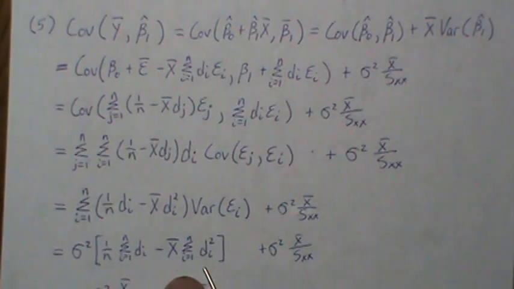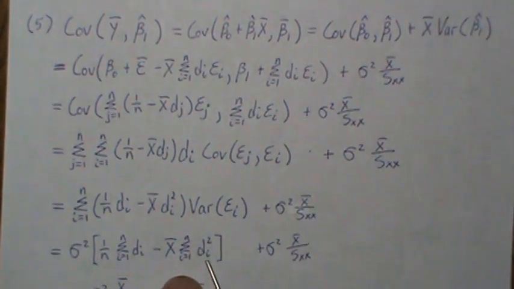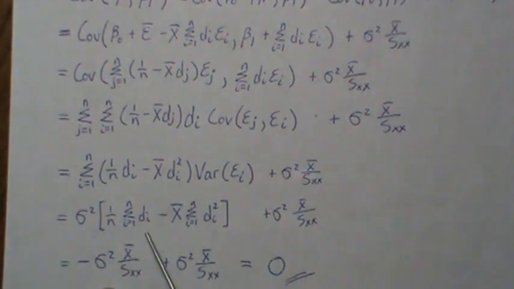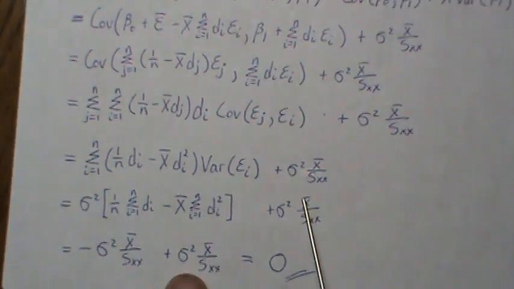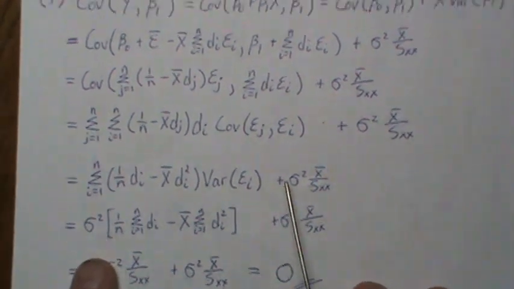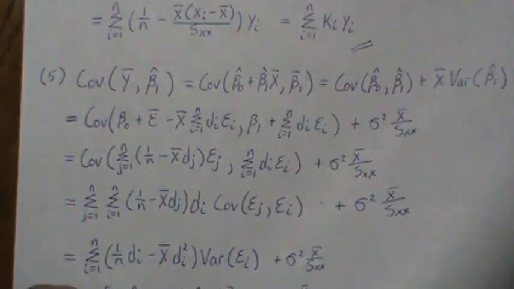And we said the sum of the di squared from 1 to n is 1 over sxx. So this piece, so then when we bring this in, that's this piece, and that piece is here, but it's the same thing. We're adding it and subtracting it, so it's 0. So the covariance of y bar and beta 1 hat is 0.